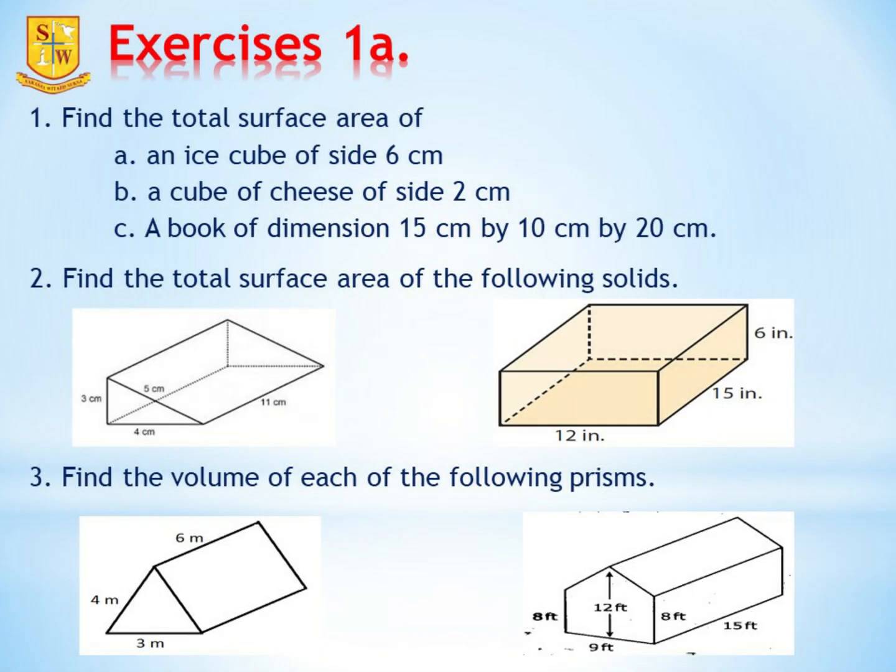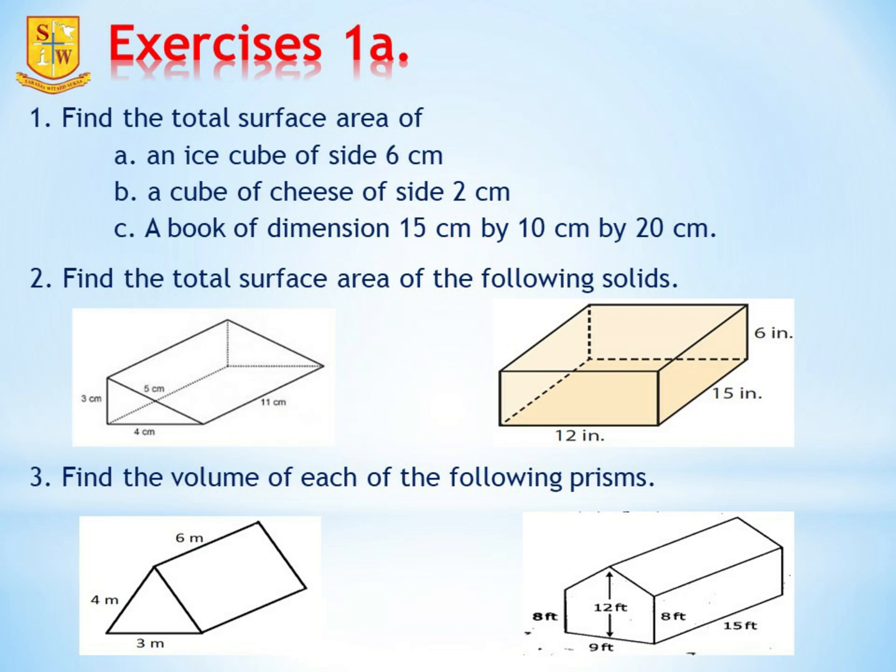Exercises 1A. Number 1. Find the total surface area of: A. An ice cube of side 6 cm. B. A cube of cheese of side 2 cm. C. A book of dimensions 15 cm by 10 cm by 20 cm.